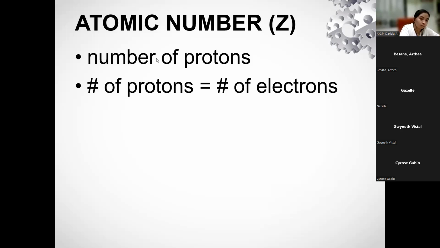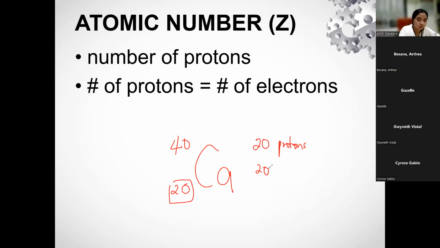Okay? So in the case of calcium, let's use this so we're uniform. At the top we put the mass number, and the 20 at the bottom is the atomic number, which means that this element has 20 protons. And since, as you can see, there is no charge, we also have the same number for our electrons.